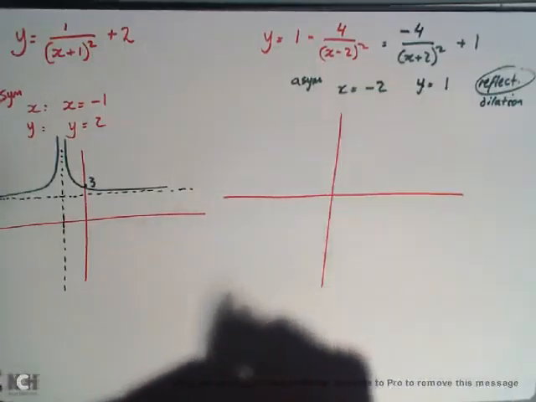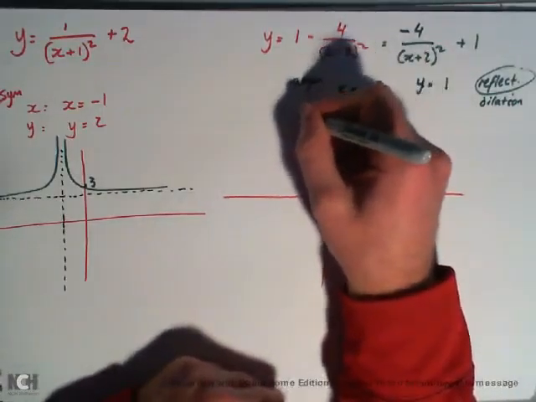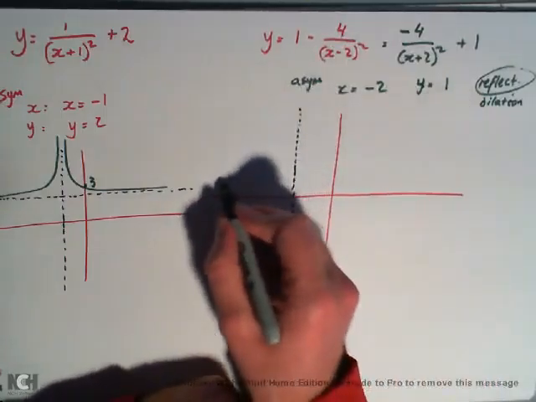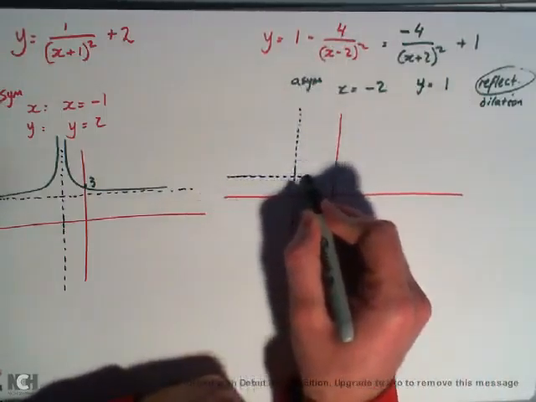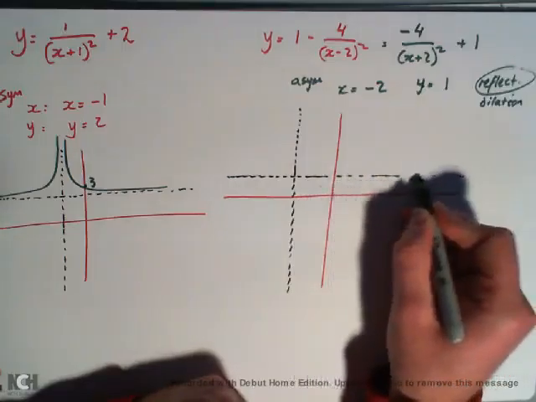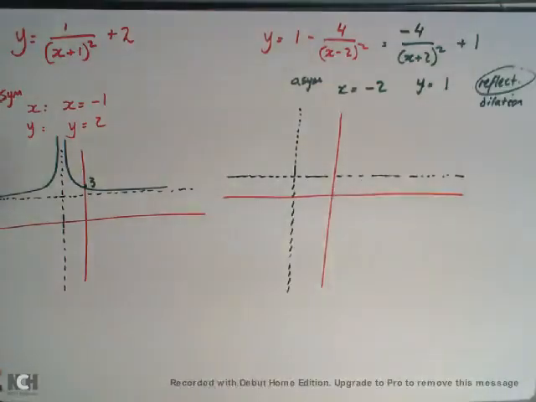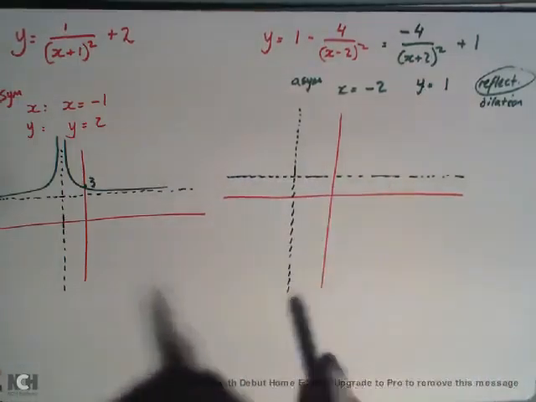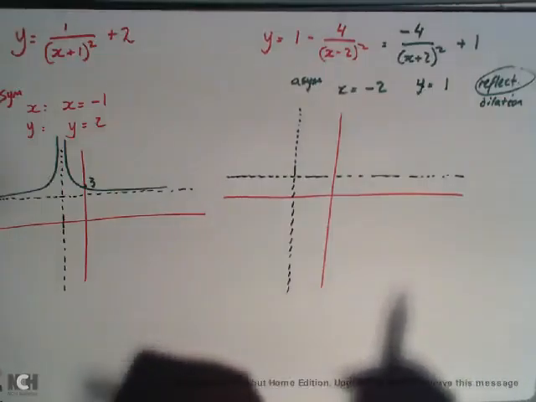And where are our asymptotes? Minus 2 and positive 1. Now we've got a reflection, so it's going to go down here somewhere. We just have to work out whether we actually have x-intercepts or not.